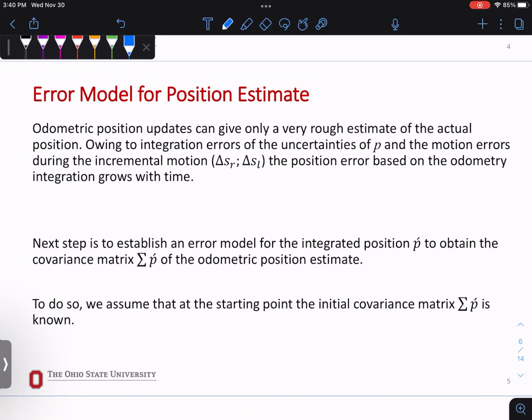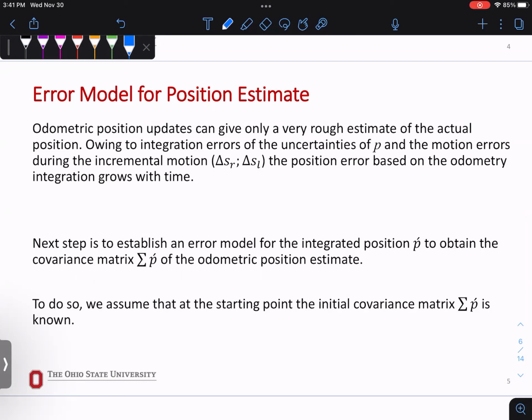All right. So we will assume that our starting position, the initial covariance matrix, is known. What would be a very good known covariance matrix for the starting position? Zero. There's no error, right? We have the knowledge of that. So that's our first step.